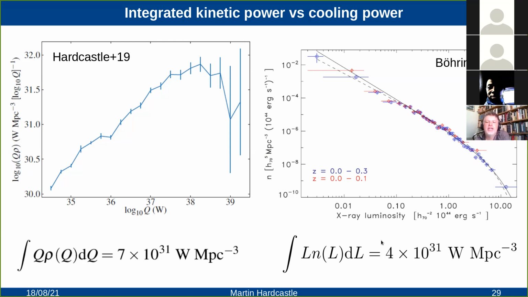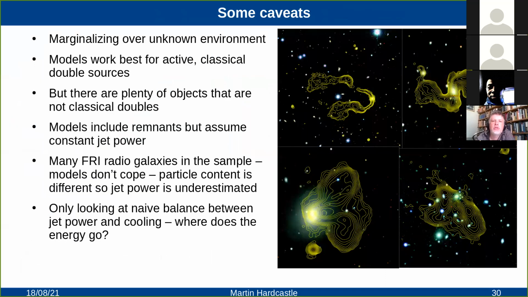So yes, the answer is yes. The amount of energy going up the jets is about the same as the amount of energy that's being produced by the X-ray emitting material. It's way too close to be a coincidence. So that answers one of those questions. The population really can do this job.